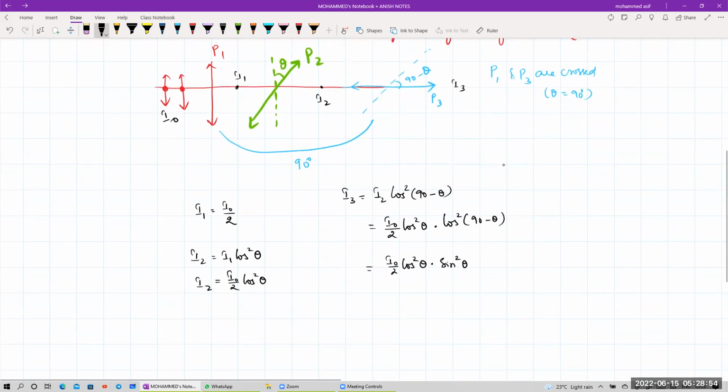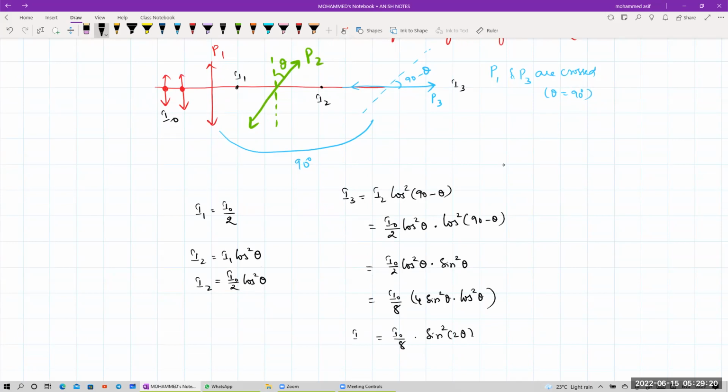What we do is divide and multiply by 4 for this one. So if I divide and multiply by 4, this will become I0 divided by 8 into 4 into sin square theta into cos square theta. Can I write like this? So this will become I0 divided by 8 into sin square 2 theta.